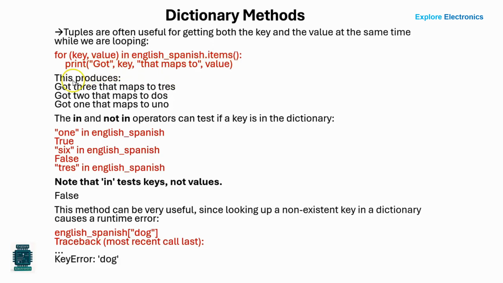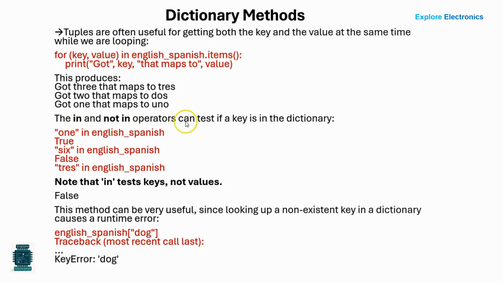And the output will be got 3 that maps to tres, got key. Key means 1, 2, 3 we have, and the value means uno, dos and tres. Here 3 means it maps to tres, 2 means it maps to dos, 1 means it maps to uno. Clear? I can loop through the key and value at the same time.